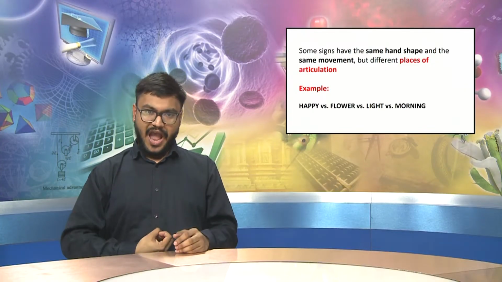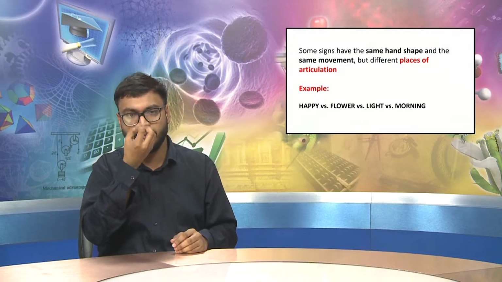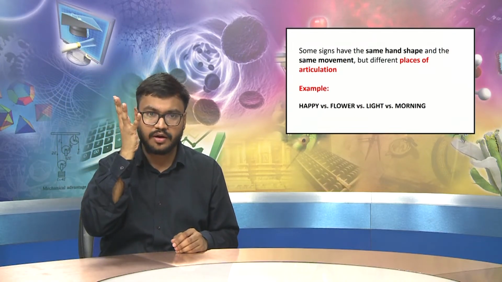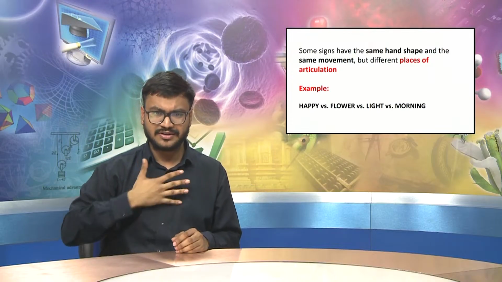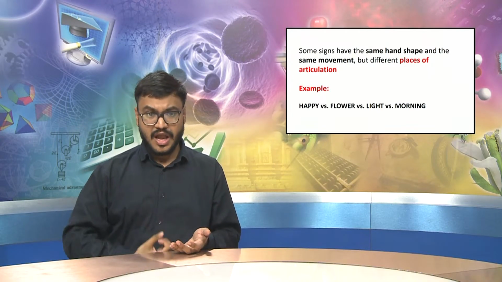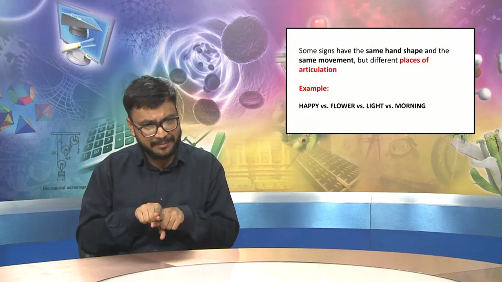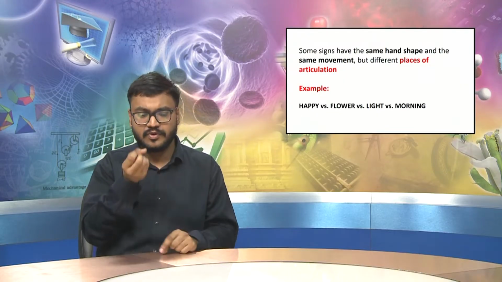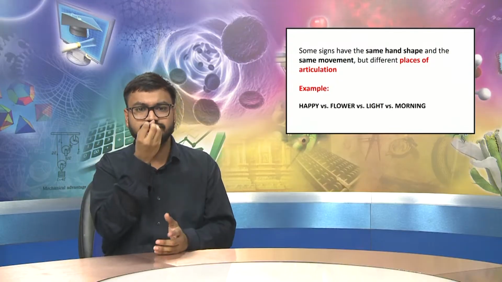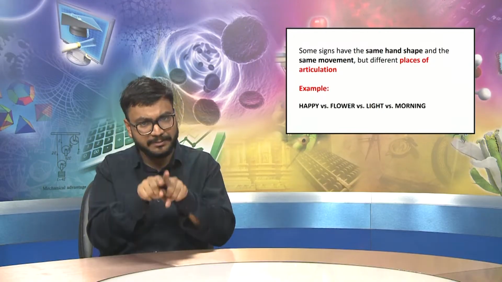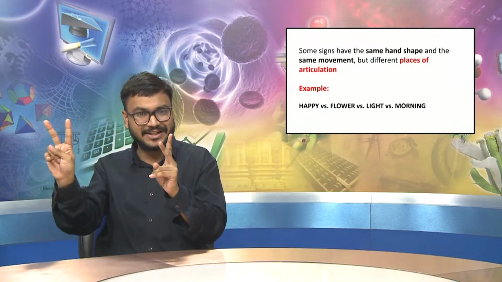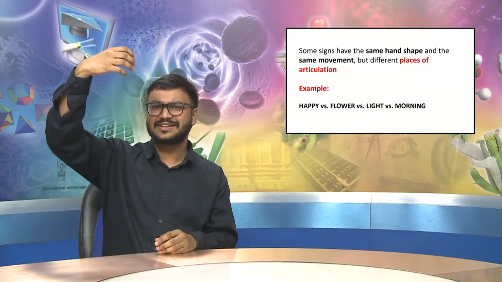For example, happy, flower, light and morning. In the signs happy and flower, the handshape is the same and the movement is the same, but the place of articulation is different.